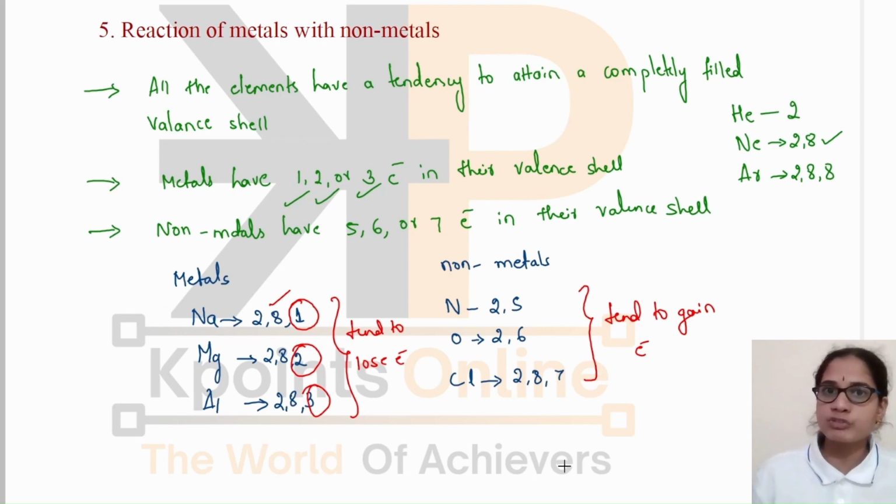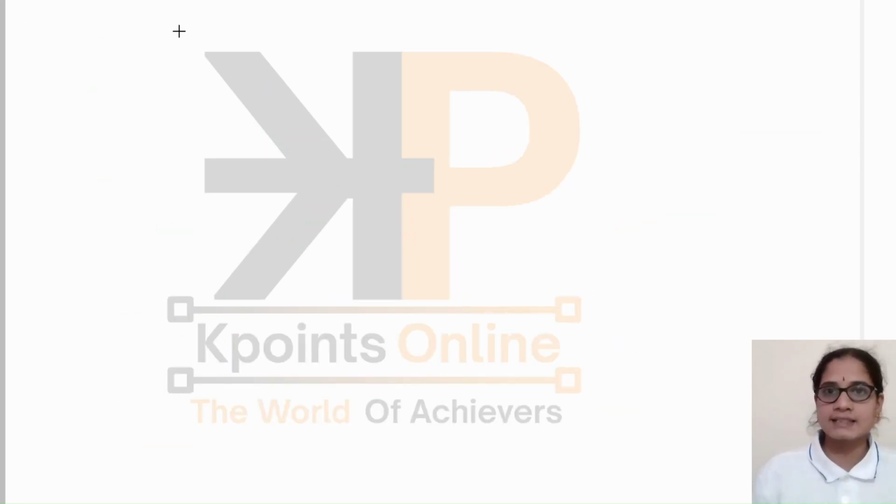And there is a formation of a bond between those metals and non-metals. Let us see how the formation of a bond takes place when metals and non-metals react with each other. Let us take sodium as an example here. Sodium's electronic configuration is 2, 8, 1. It has one electron in its outermost shell.